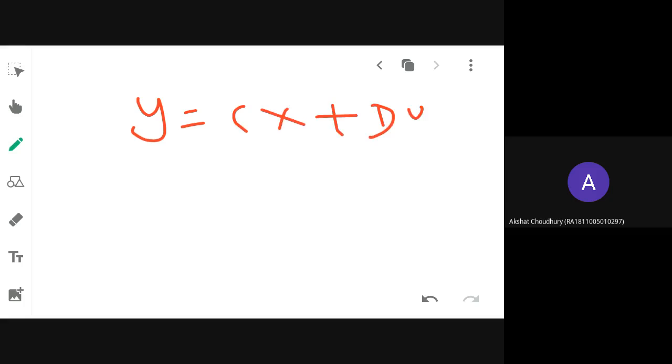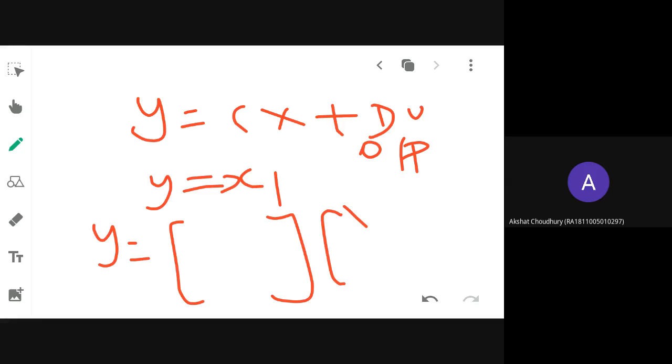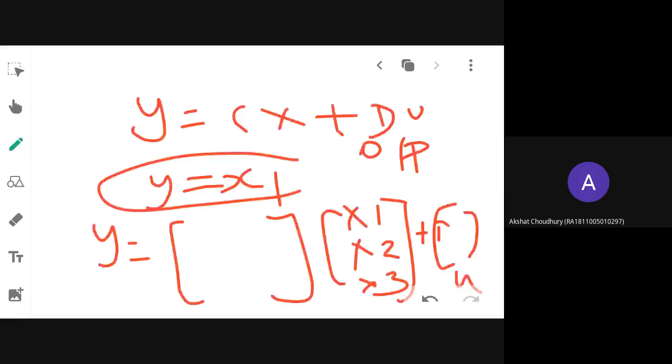You got y is equal to x1. So the equation is y is equal to some matrix times x1, x2, x3 plus D, where D is the matrix multiplying u. What is the coefficient of x1? 1. The other things are not there, so 0, 0. U is also not there, so D will also be 0. Understood or not, Akshat? Yes, ma'am. This is how we write the state equation.